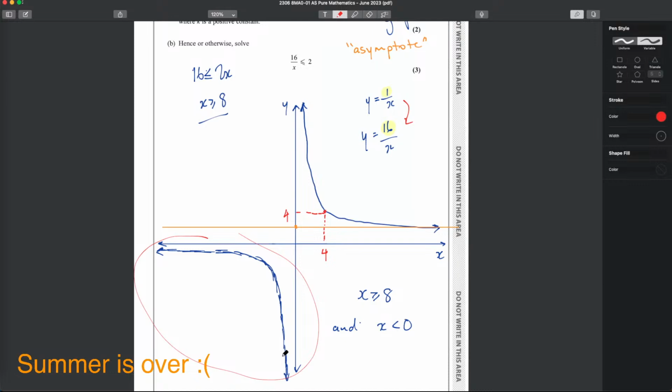And it's only less than because x can never actually equal 0 on this graph.